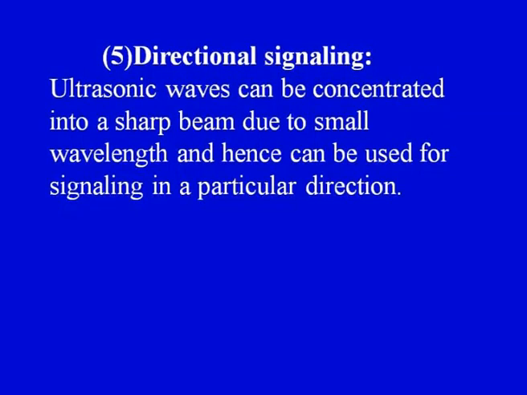Number 5, directional signaling. Ultrasonic waves can be concentrated into a sharp beam due to small wavelength and very little spreading, and hence can be used for signaling in a particular direction.